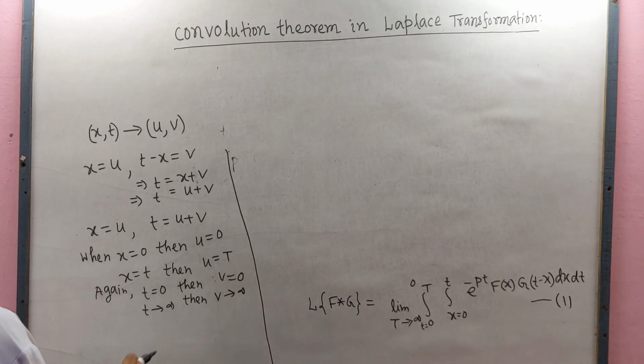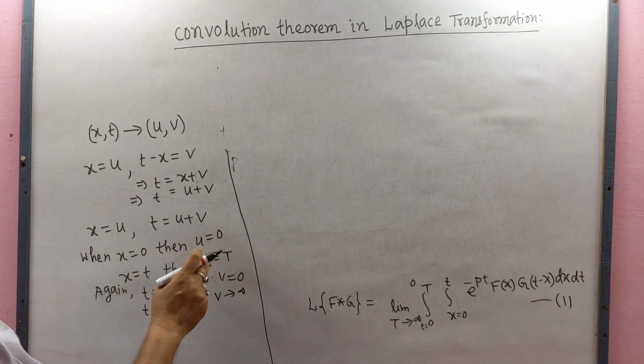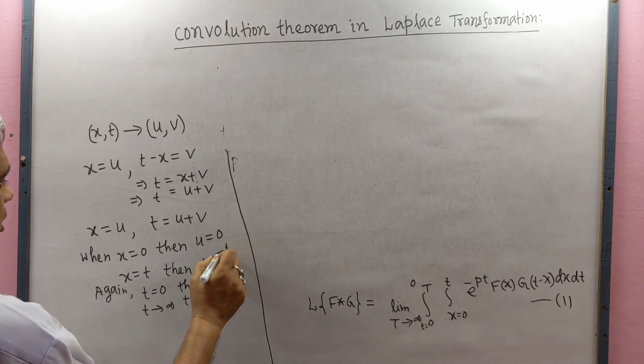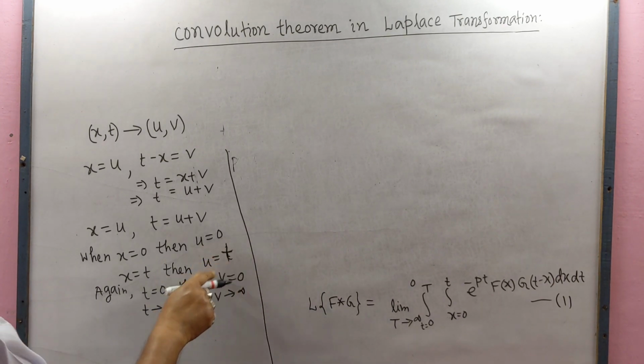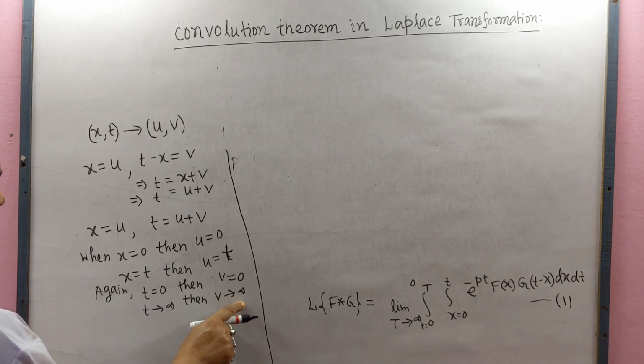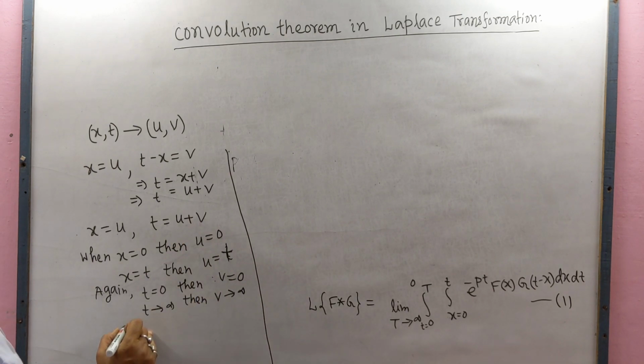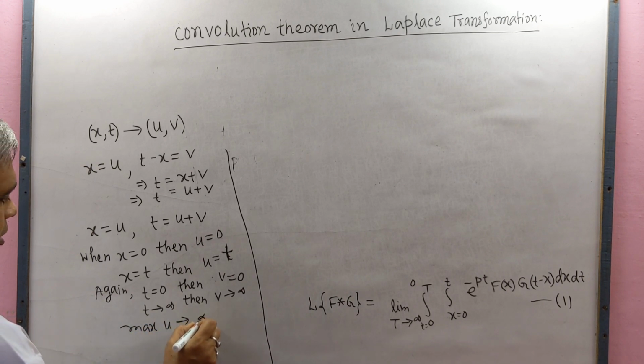But here the value of u equal to t, and t tends to infinity. That means the maximum value of u is infinity. So max u tends to infinity.